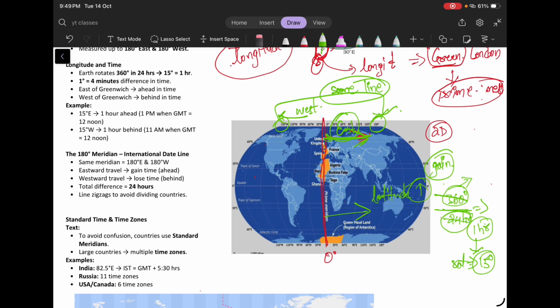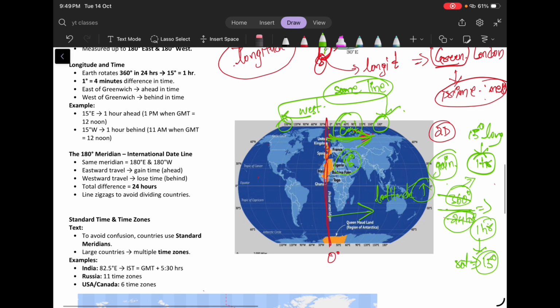So for every 15 degrees longitude, you will gain a time period of 1 hour. Suppose if you are traveling east, you will gain 1 hour. If you are traveling west, you will lose 1 hour. Okay, that's how the time is calculated.